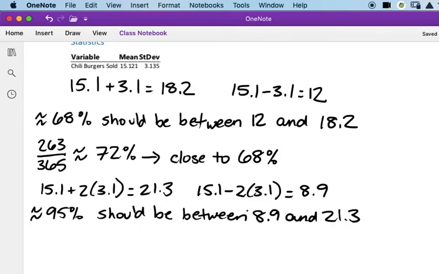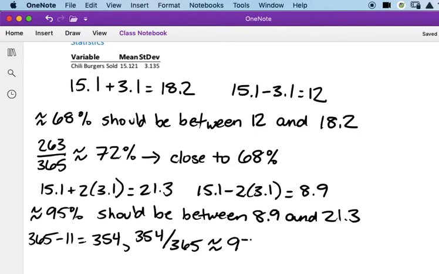And 365 minus 11 would be 354. And then I do 354 divided by 365. And if I do that on a calculator, I would get about 97%. Now, it's not exactly 95%, but close enough. So that one checks out.